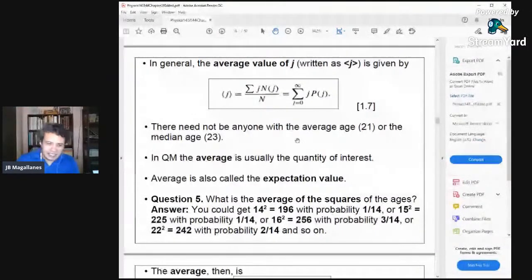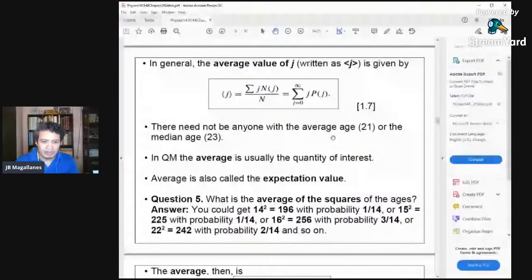So in this example, no one has the average age of 21. P of 21 is 0, or the median age of 23, P23 is 0 also. But it's the average age and the median age respectively.